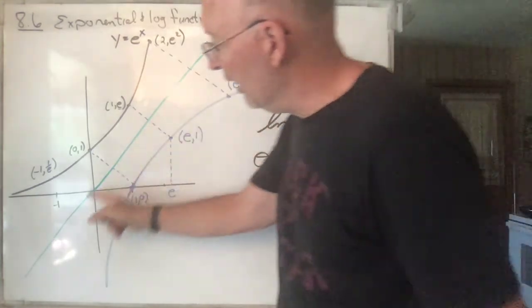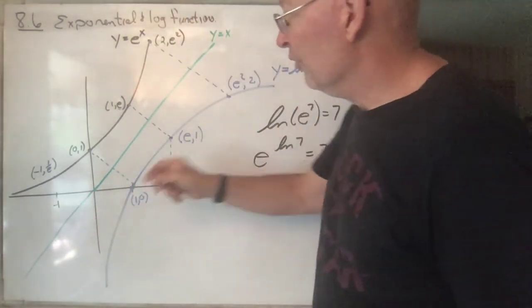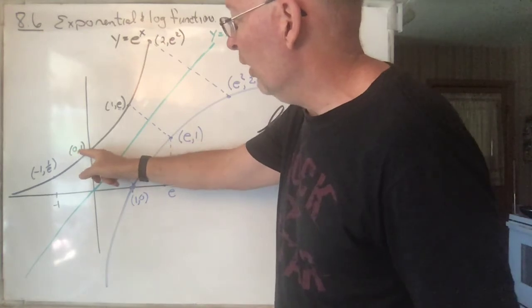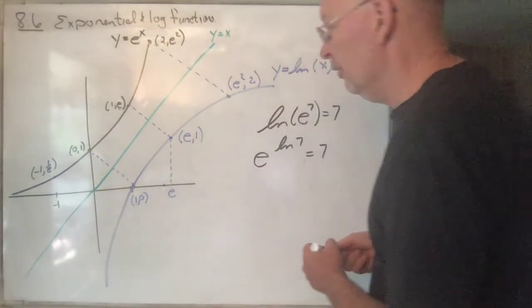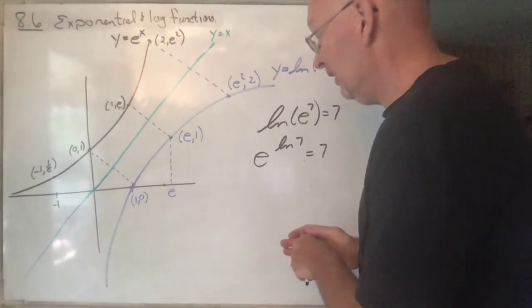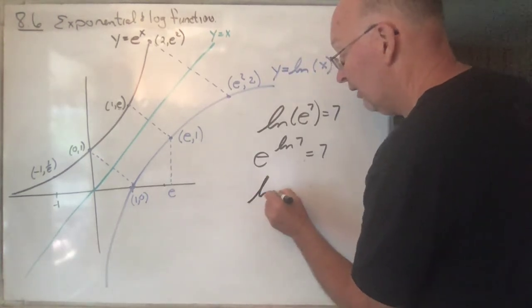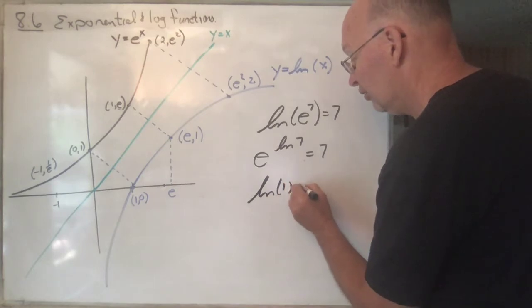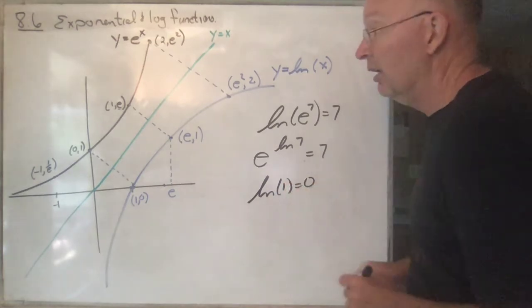They flip around the line y equal x. So since the point (0, 1) is here, the point (1, 0) is on this graph, which means that the ln of 1 is equal to 0.